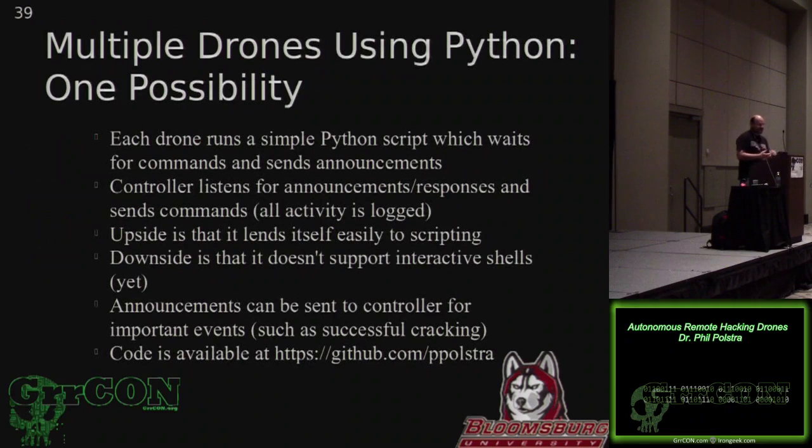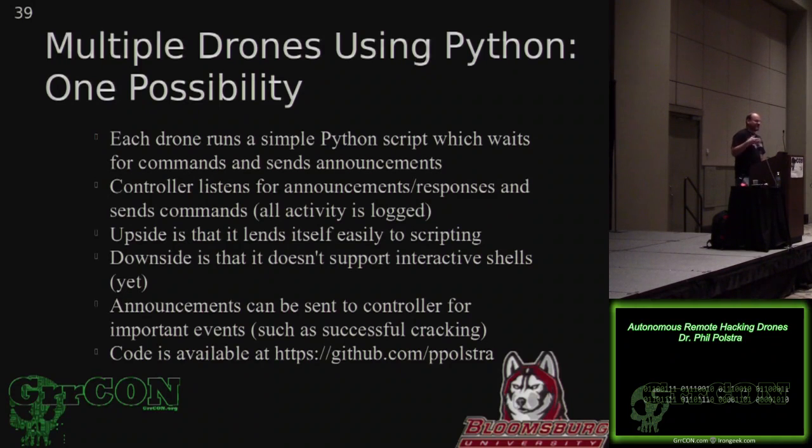All right, so I did come up with some Python, and I call my distribution device the deck, and some of you probably know where that comes from. And this is called the mesh deck extension, right? So what you have is on all the drones, you have a really simple Python script that just sits there waiting for commands.